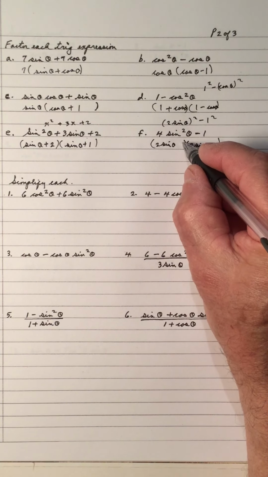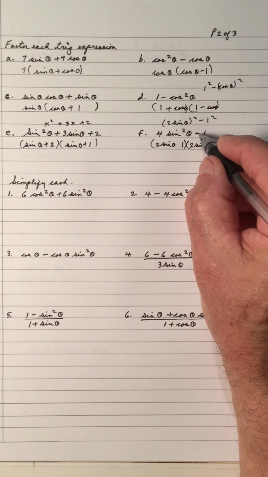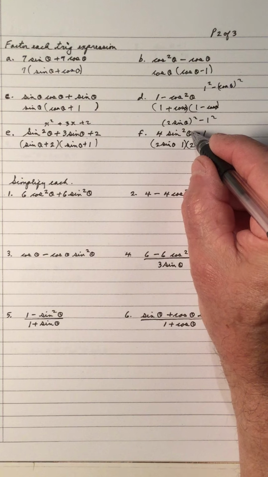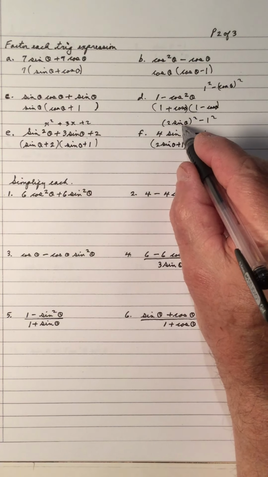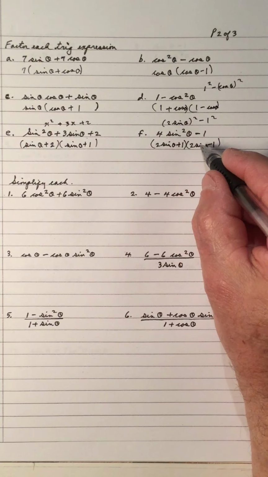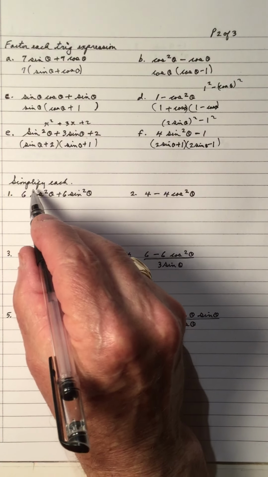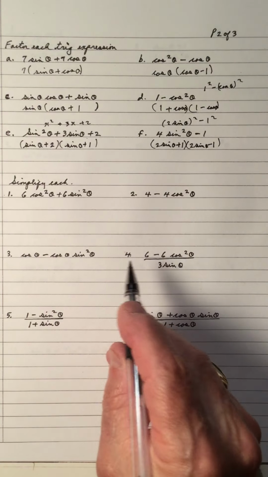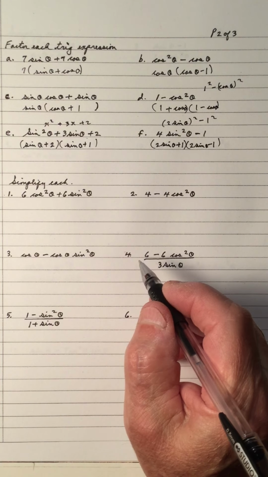The factors of 1 are 1 and 1. And because the product is negative and there's no middle term, the sum is 0, we have a plus 1, minus 1. Again, it's the difference of 2 squares: the same terms in each bracket except plus and minus. So let's simplify these. Pause the video and work one out at a time to see if you can get them right.